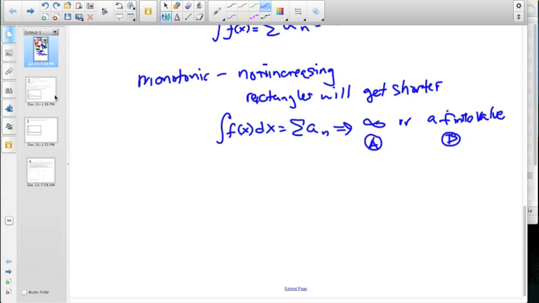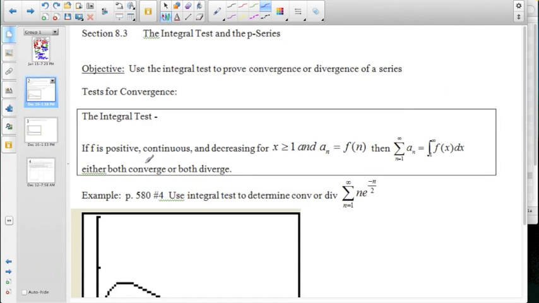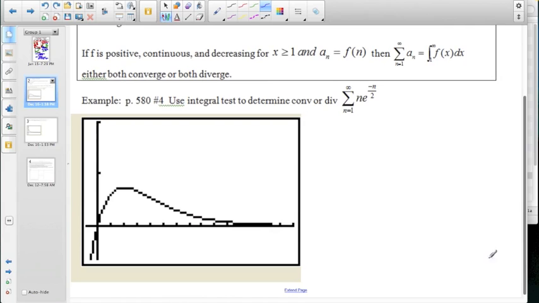So when we take a look at that, that's the characteristic we're considering: we have to have this non-increasing function.